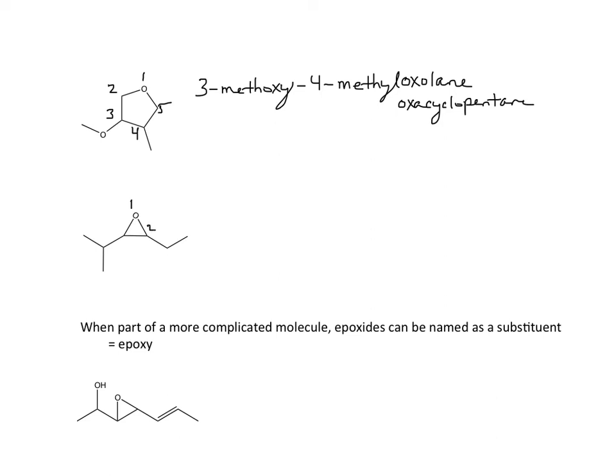Ethyl comes first alphabetically. So there we are. It's 2-ethyl, 3-isopropyl, and then I'm going to call it oxirane. I could do oxacyclopropane as well if I wanted to instead of oxirane.